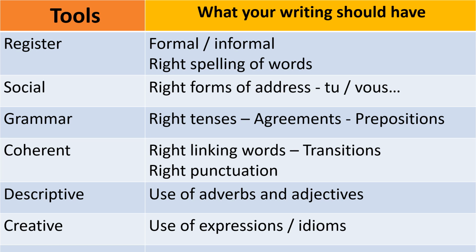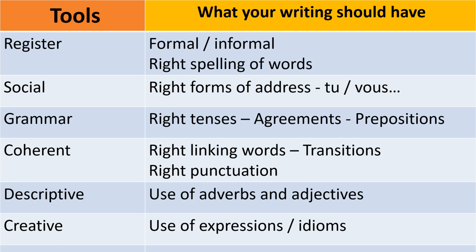And you need to remember to spell your words correctly. For the social, you need to use the right forms of address. Is it a tu and a vous? And also, if you can remember what I told you about the greetings and so on.